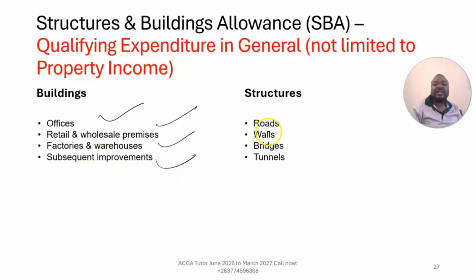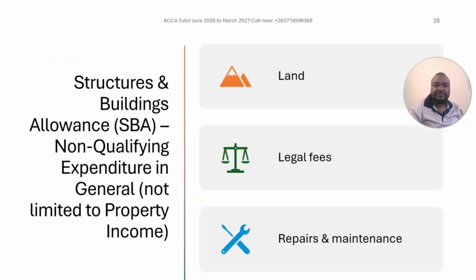And when we're talking of structures, for example roads, walls, bridges, tunnels, all these qualify for the SBA. Non-qualifying expenditure in general: expenditure on land, legal fees, repairs and maintenance are not going to qualify for SBA.